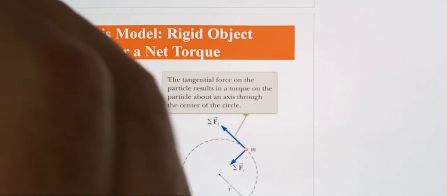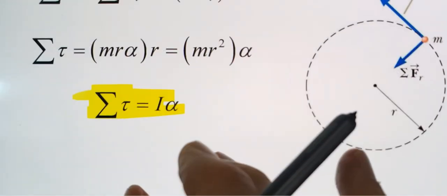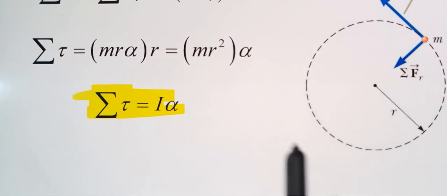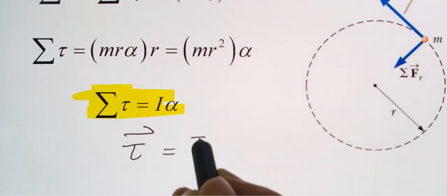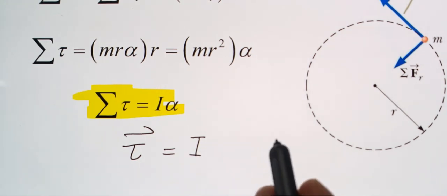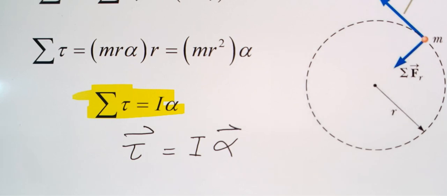In other words, and we will see it in chapter 11, torque is a vector. I, we call it moment of inertia, and alpha is a vector. Angular acceleration is a vector.